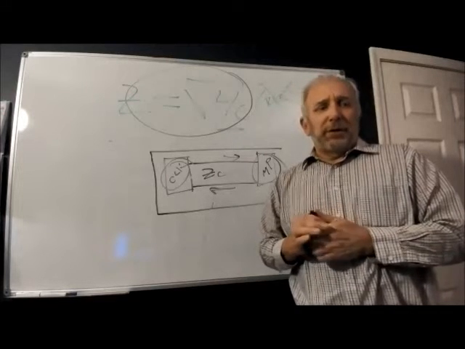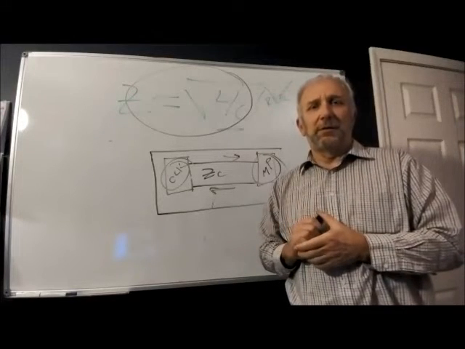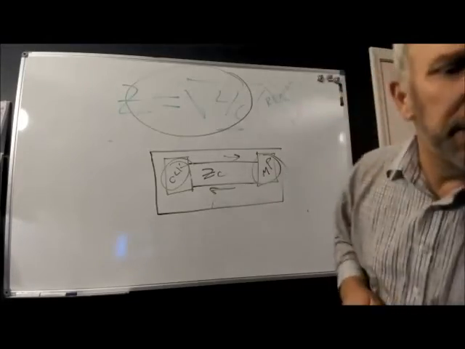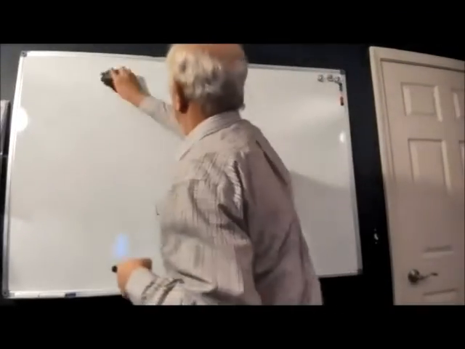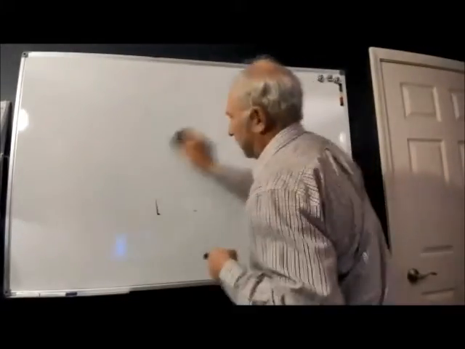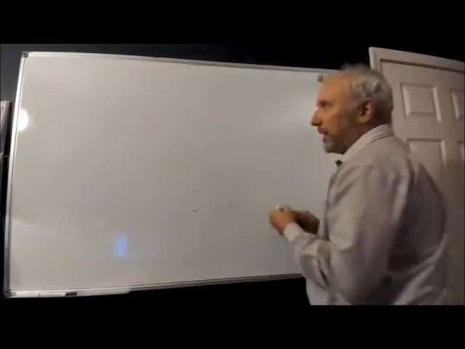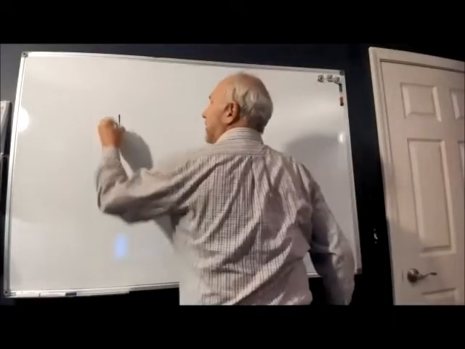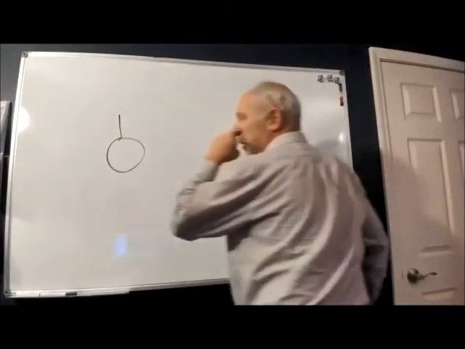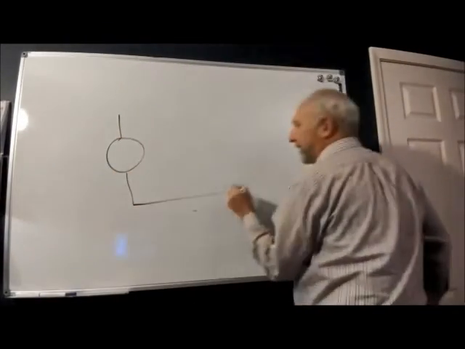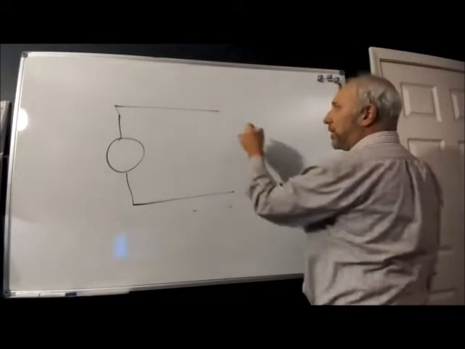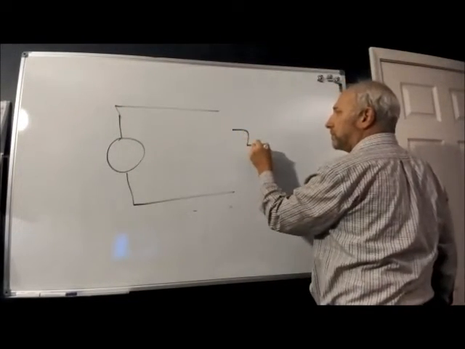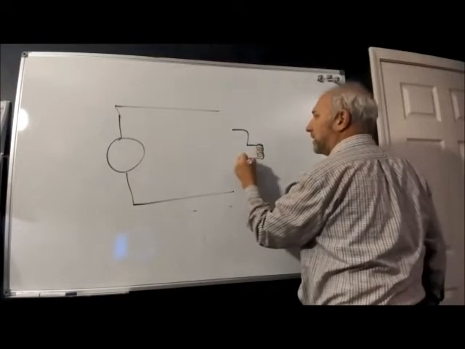Ready to move on to antennas now. So here is the question. If we have a source of energy, so this is a source here, and we have a light bulb here.